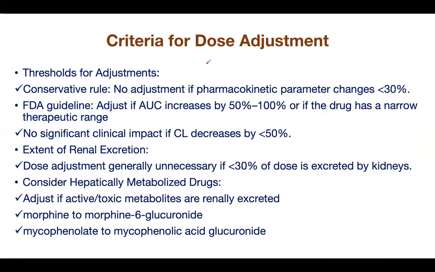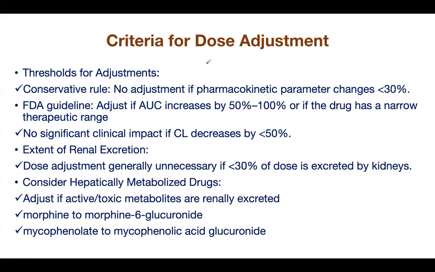There are certain criteria for dose adjustment according to the pharmacokinetic parameters. These are important to note. When we talk about a specific threshold, if the pharmacokinetic parameters change less than 30%, I think no adjustment is much required for that particular drug.